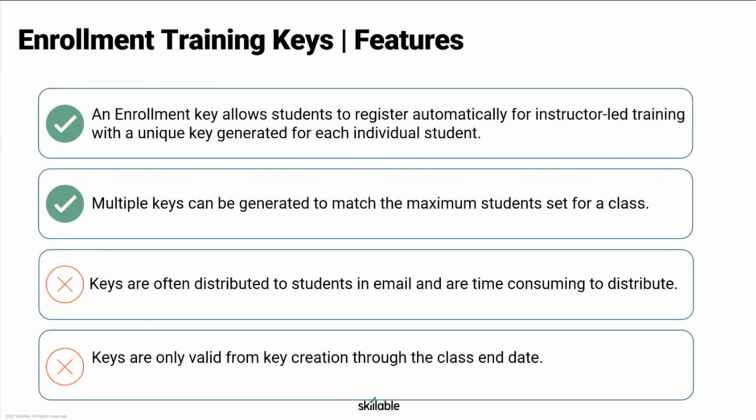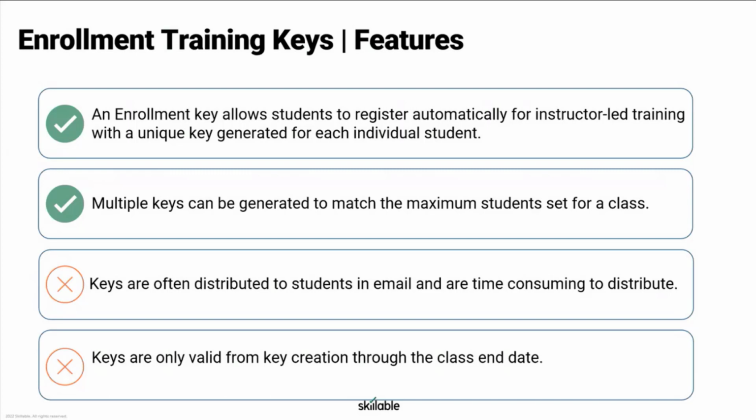these work. When we look at the enrollment keys, these are great for allowing students to register automatically for any instructor-led training with a unique key generated for individual users. So each user gets their own key. The nice thing about that is it's a one and done with the key. If I distribute this key out today to one of my users, they cannot pass that key along so that other people can enroll.